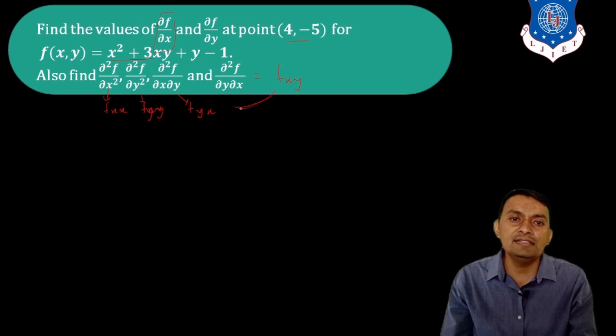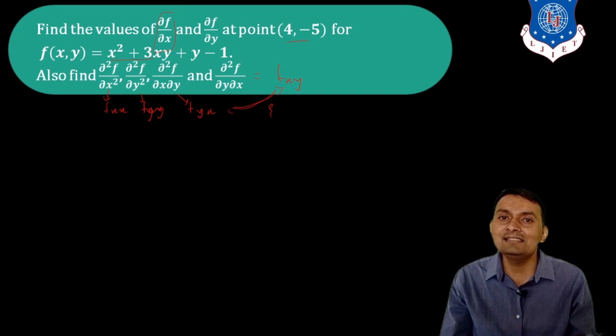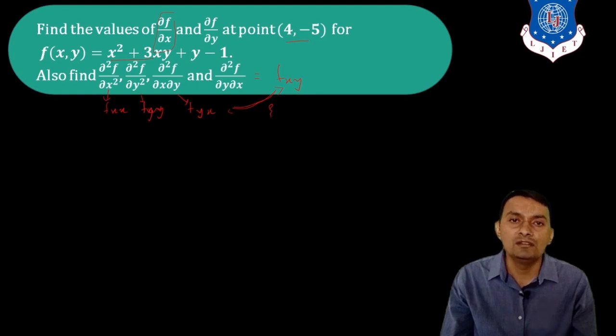We will observe that these will be equal, and we are also going to discuss that in the theorem. In such cases it will be equal, but there are many cases where it will be unequal. So let us first see its solution.